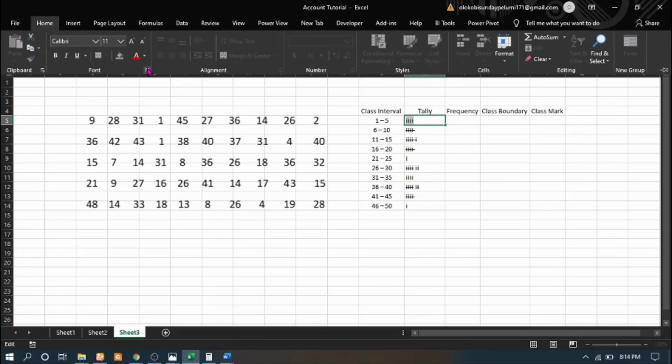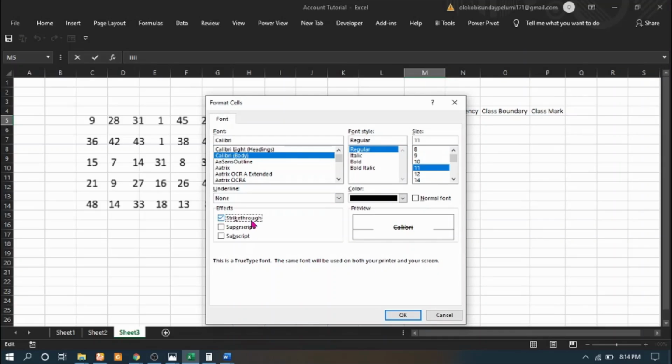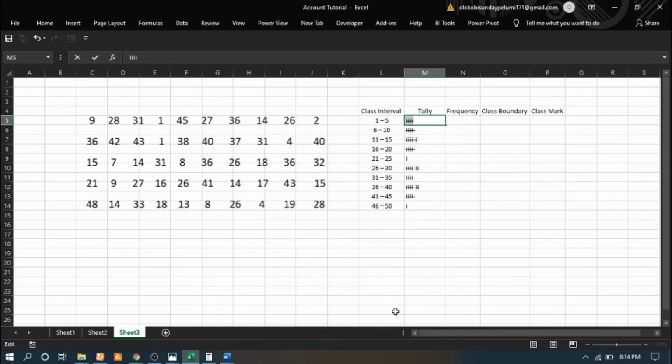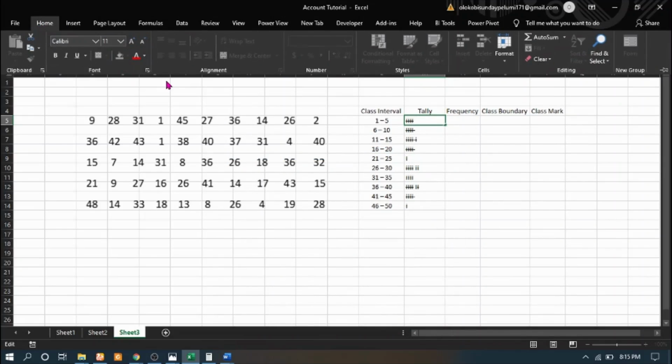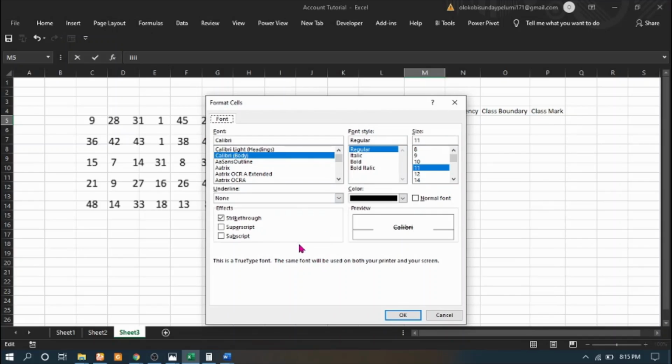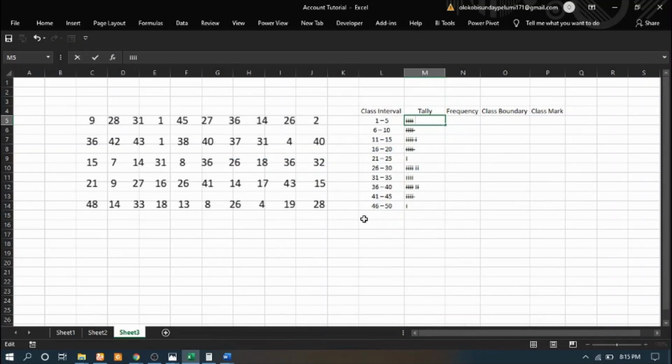Alright, so strike through. Alright, so we need to strike through now. So alright, so we have 40. 40 is here. 32. 32 is here.